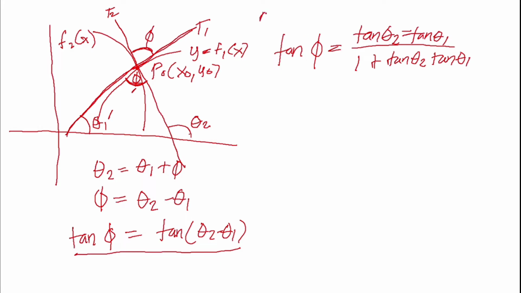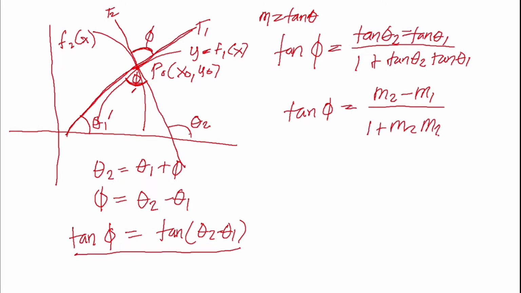Take note, m is equal to the slope or the tangent theta, so we could simply substitute. We have tangent phi is equal to m2 minus m1 over 1 plus m2 times m1.